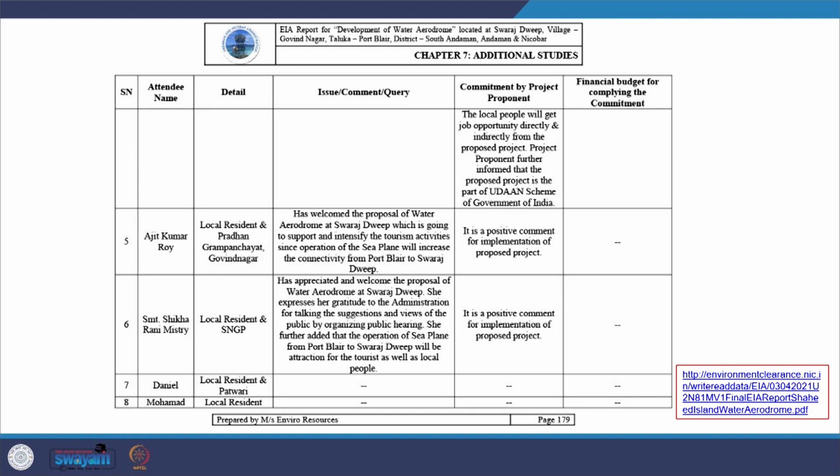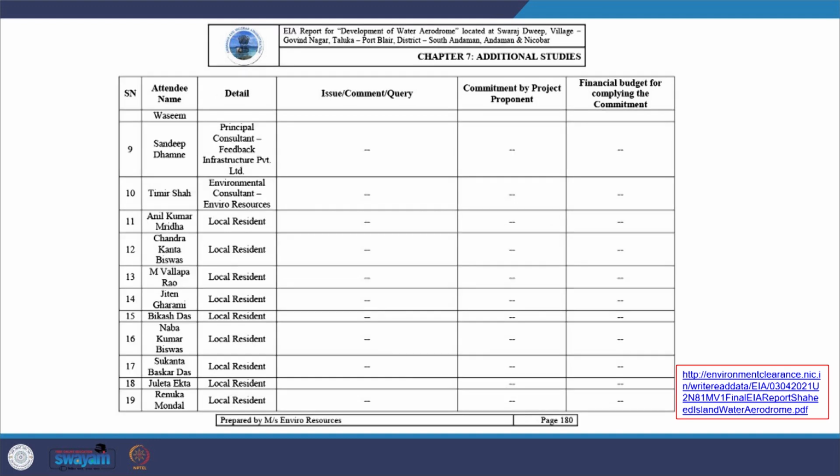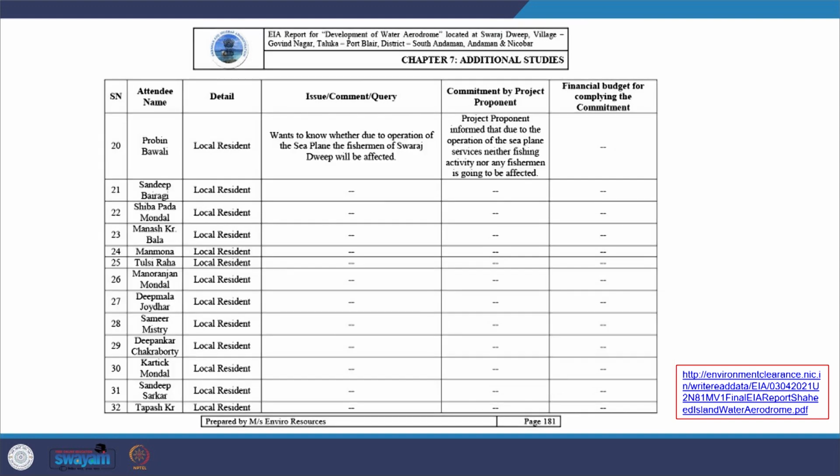But there are a lot of practical limitations which come in, but you can always review how the participation is being undertaken. So you can see different attendees who have attended here, and then what kind of inputs they have got. So mostly you see that there's a lot of positive review which they have got.